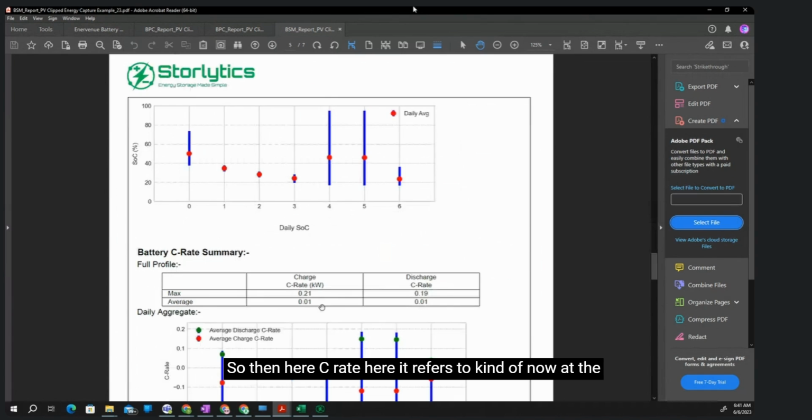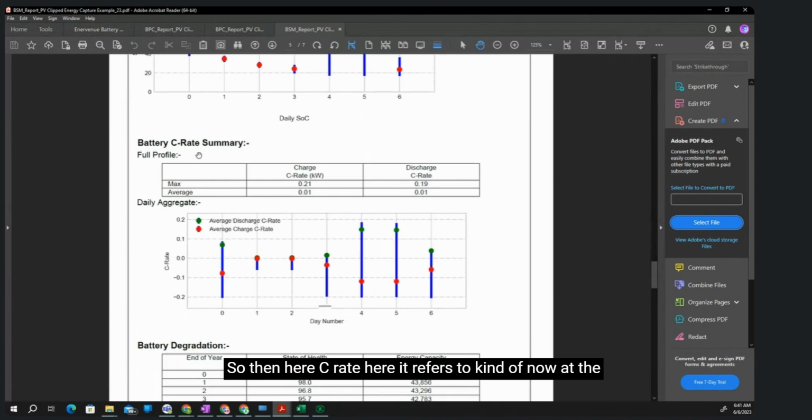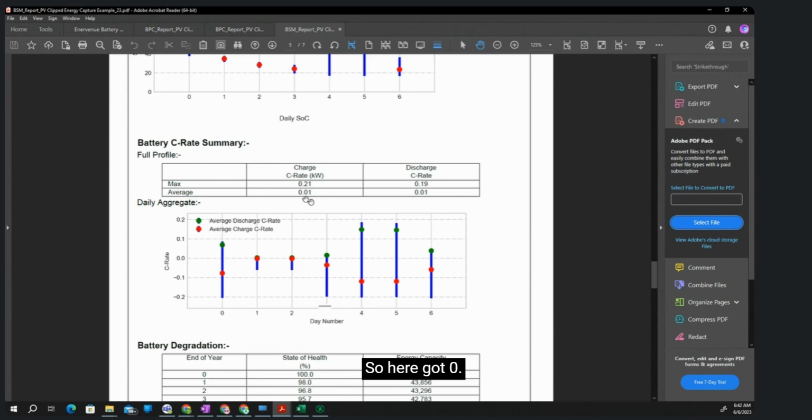Right. So then here, C rate refers to, now at the battery terminals, what percentage of the rated energy was requested. Here we got 0.21 and here 0.19.